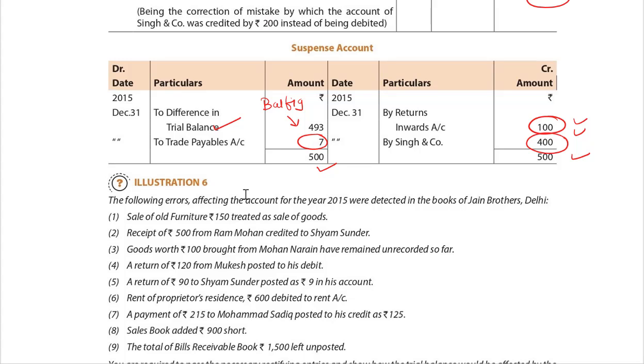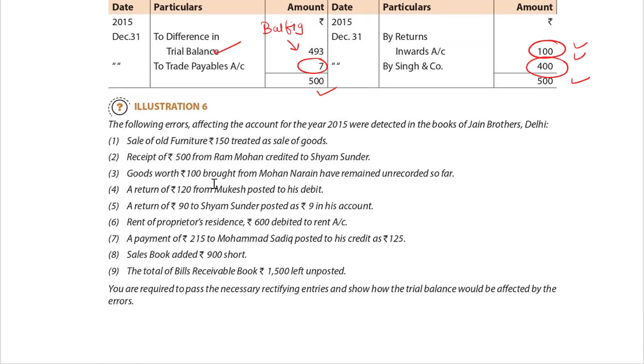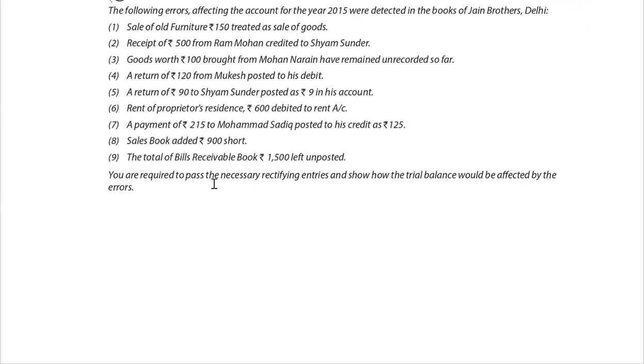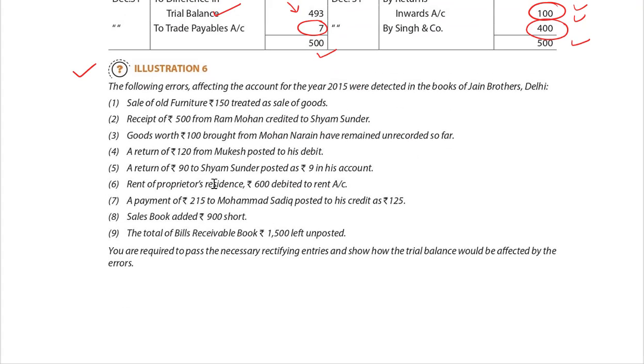Let us start with illustration 6 now. The following errors affecting the accounts for the year 2015 were detected in the books of Jain Brothers, Delhi.